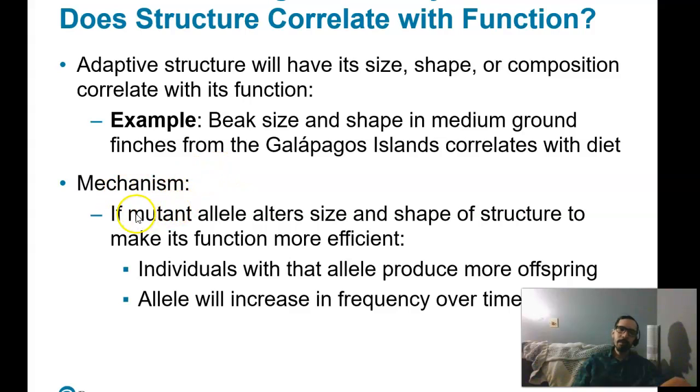And the way that this happens is through mutations. So mutations in alleles will alter the size and shape of the structure and make it more efficient. And then individuals with that allele will produce more offspring. And then the allele increases in frequency over time in those populations.